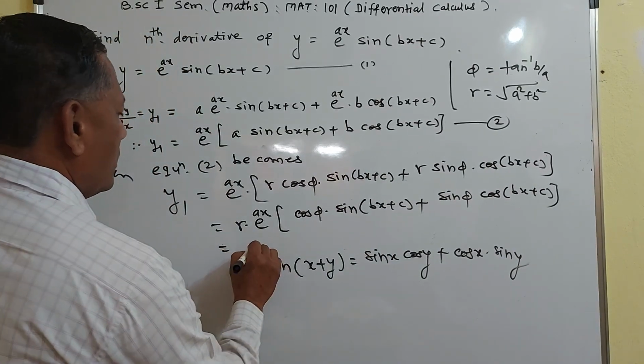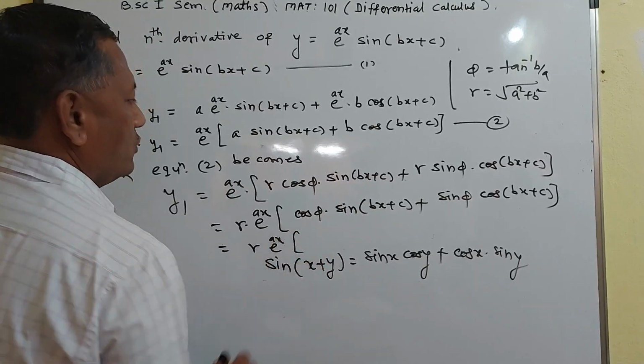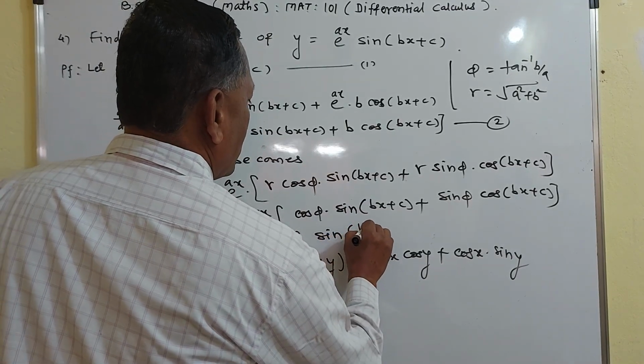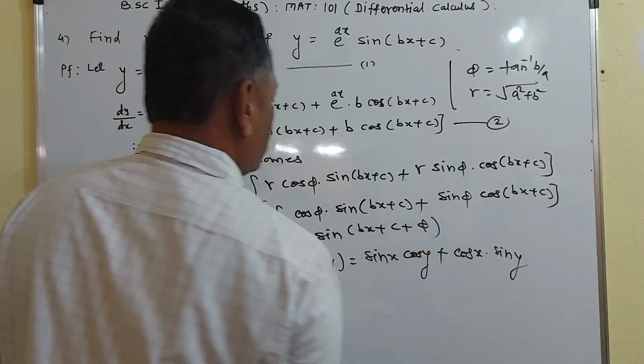So this is equal to r into e raised to ax into the sine of bx plus c plus phi.